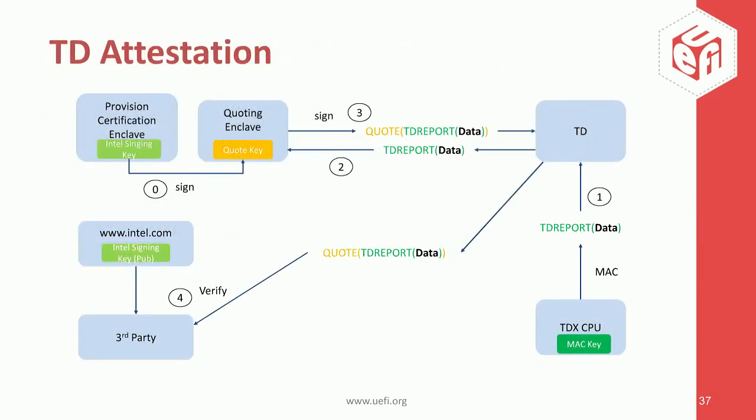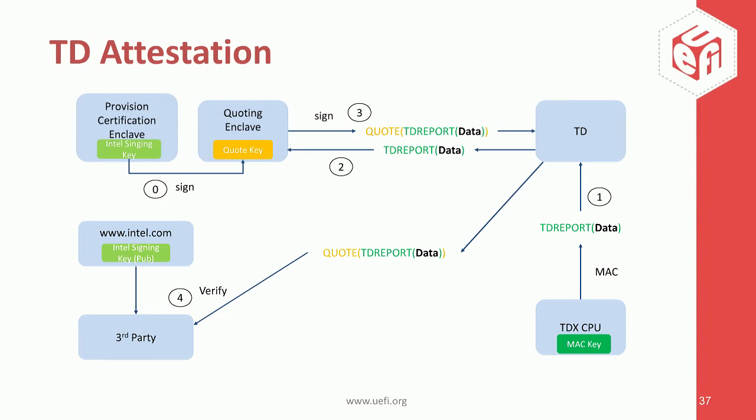This shows a very simplified TD attestation flow with quoting enclave support. First, when the quoting enclave launches, it generates a quoting key. Then the quoting enclave can talk to the provisioning certification enclave, PCE, and let the PCE sign the quoting key.